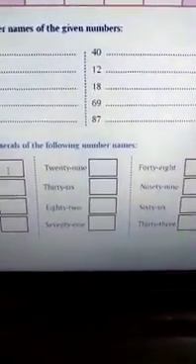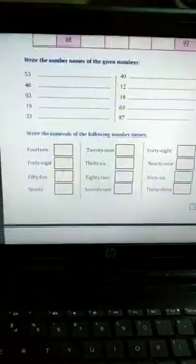Next one is 29. So 29 in a digit form. So in this way you all have to fill up exercises.